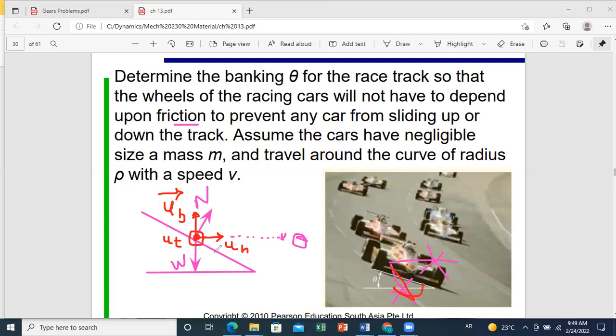Now, to imagine the situation more, I will also draw for you the top view. So this is the profile view. Now a top view: if we are looking from top, we see that the car is rotating on a circle. So let us represent the top view.